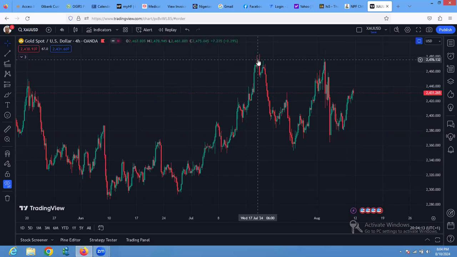The 5 waves to the upside give a clue, because one thing you should expect when you are correcting in a correction: C is 5 waves all of the time. Being in a zigzag, being in a flat correction, C is 5 waves.